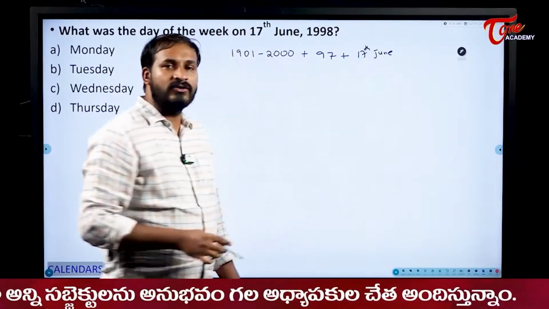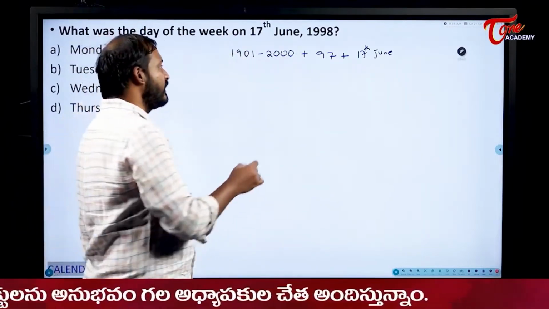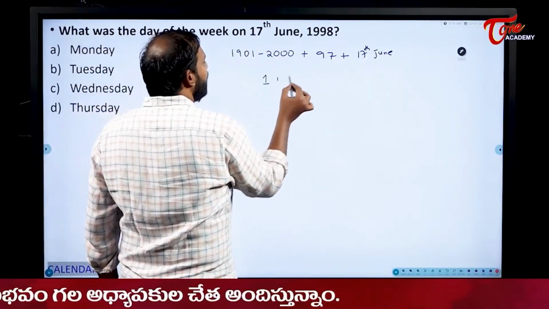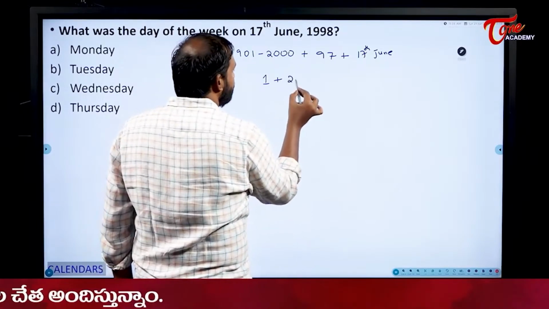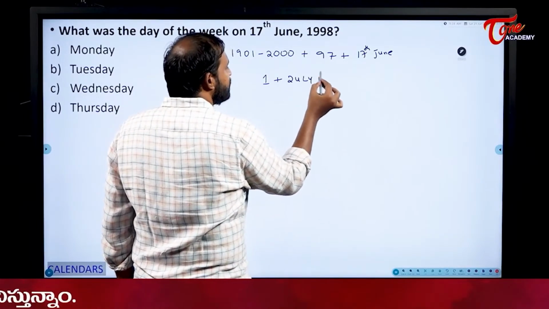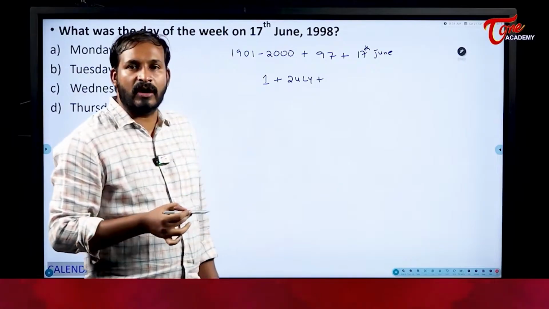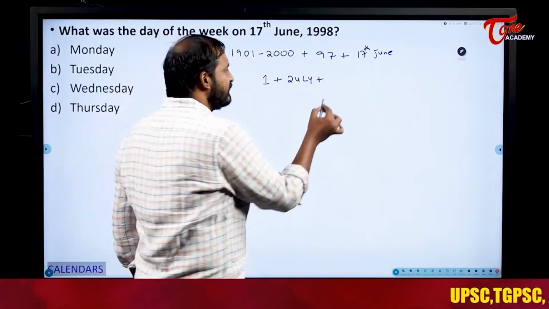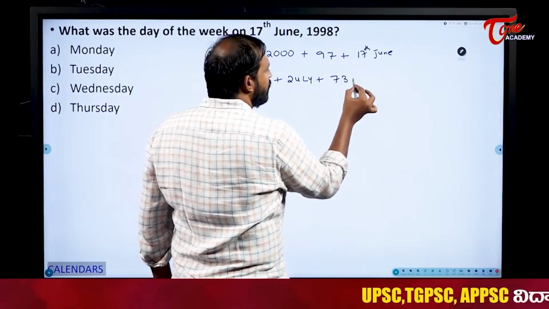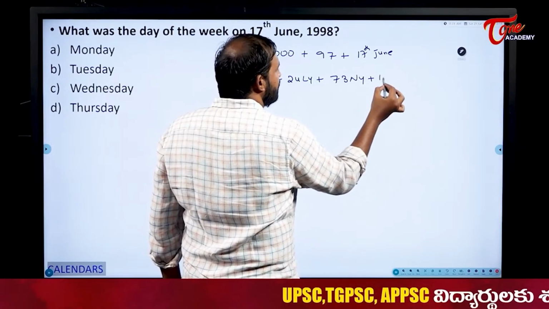Now 1901 to 2000, what is the century code? 1. In 97 years, how many leap years will we have? 24. Out of 97, if 24 are leap years, what about normal years? 97 minus 24. It becomes what? 73 for us. 73 normal years plus 7.